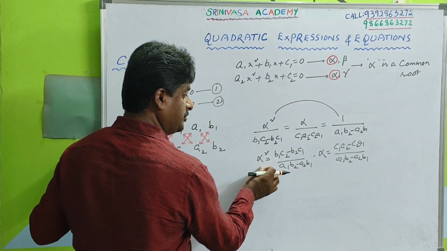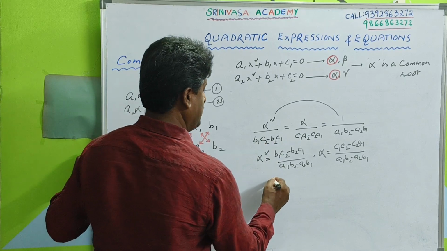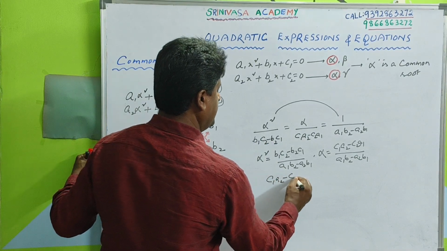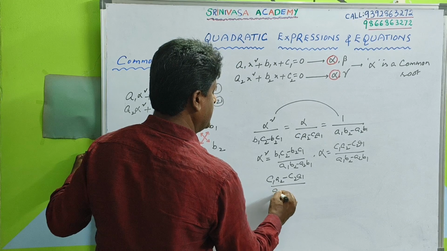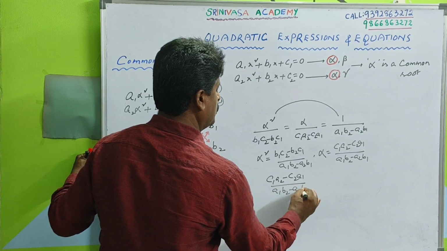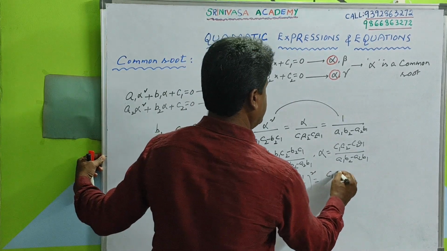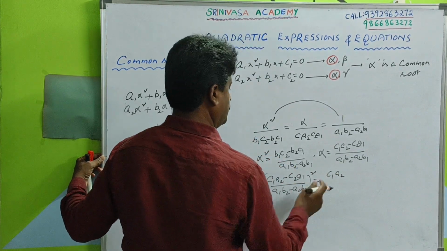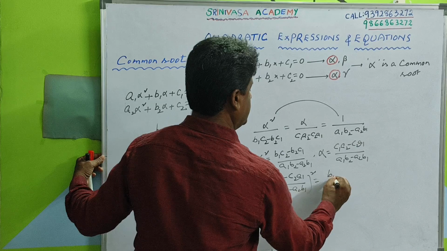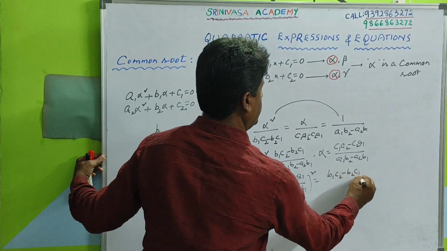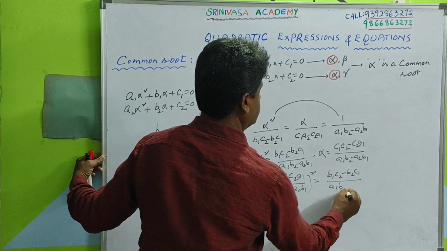Alpha values substituting in this alpha square, we get c1 a2 minus c2 a1 by a1 b2 minus a2 b1 whole square is equals to b1 c2 minus b2 c1 by a1 b2 minus a2 b1.